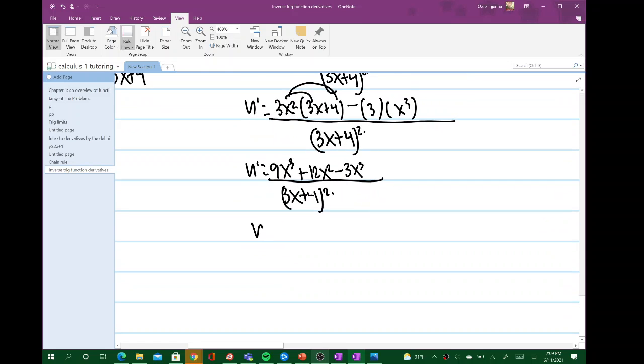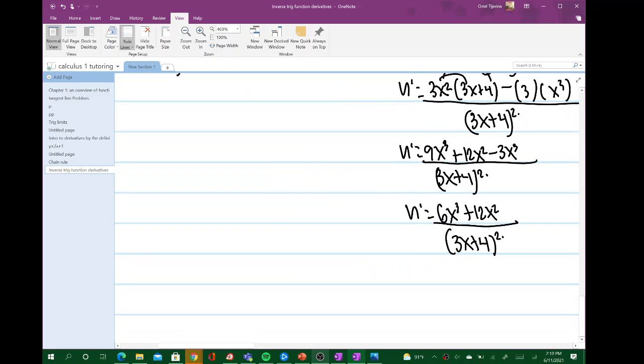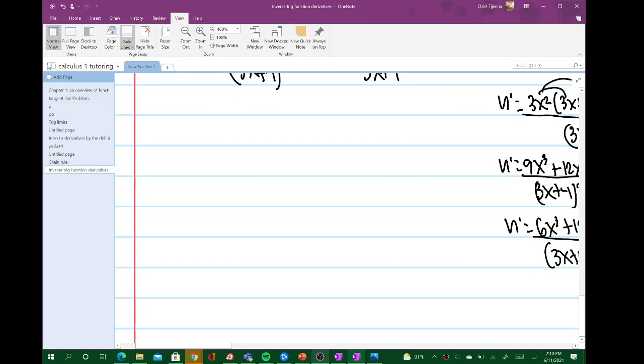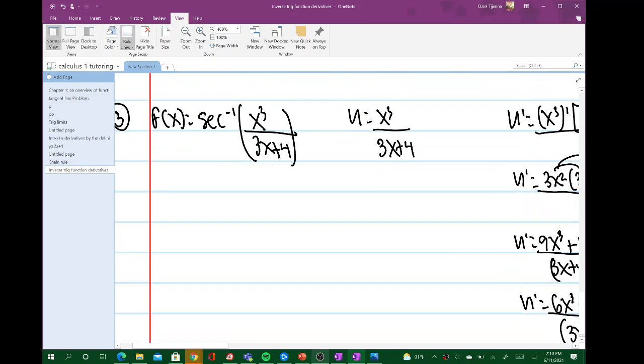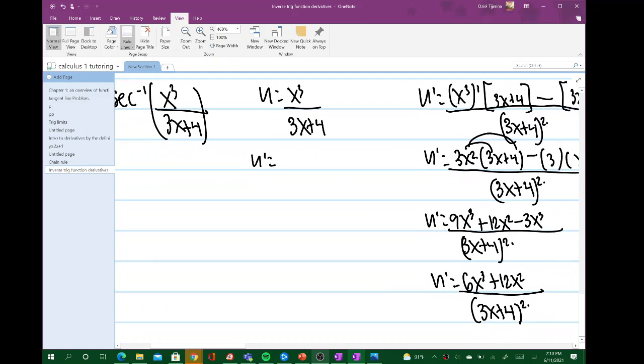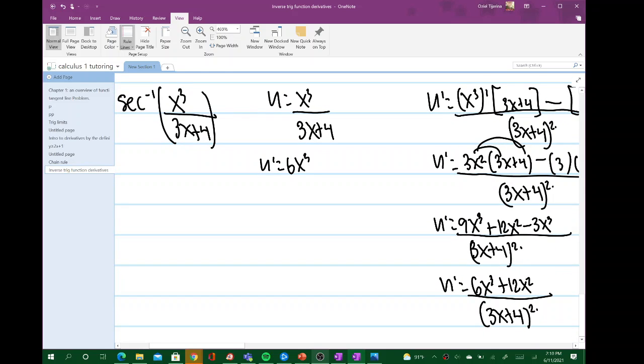So u prime is going to be 6x cubed plus 12x squared over the quantity 3x plus 4 quantity squared. That is what u prime is.